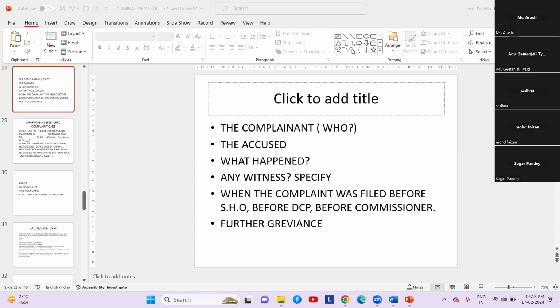You must have heard this thing: bail is right, jail is exception. Bail is a basic right of every person. Every person should get a bail, because until the person is proved guilty, that person is deemed to be an innocent person.